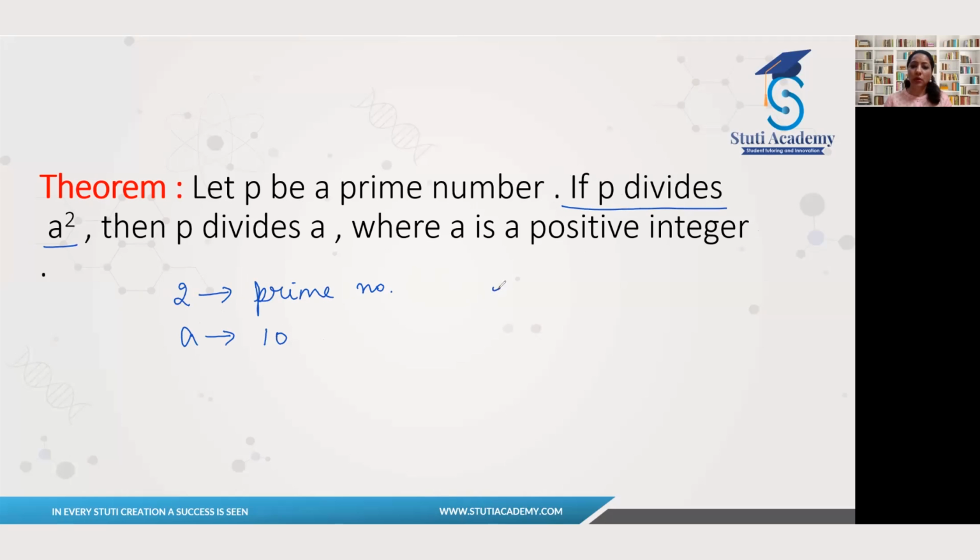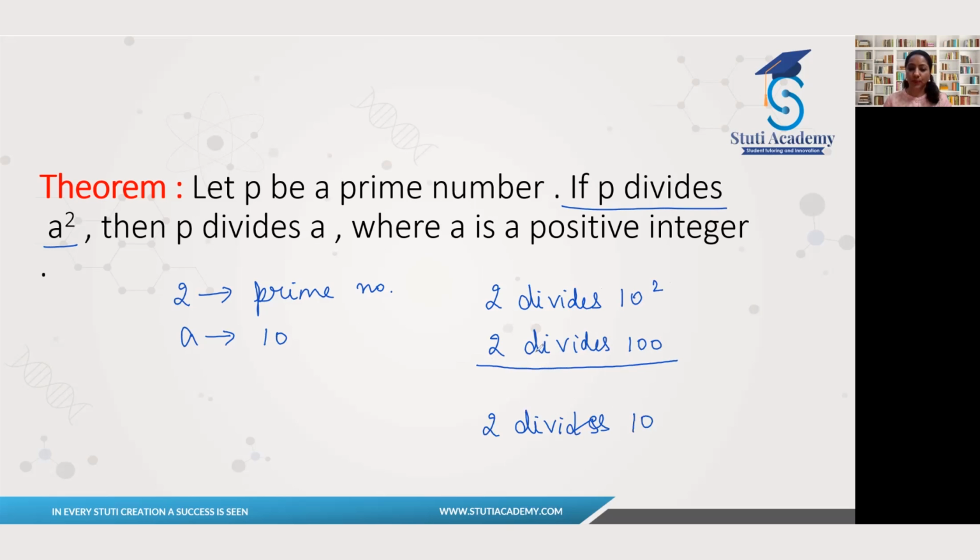That means 2 divides 10 square, which is 100. We know that 100 is divisible by 2. So according to this theorem, if P divides A square, then P divides A also. So we know 2 divides 100, that is the square of 10. From this, we can conclude that 2 divides 10 also.